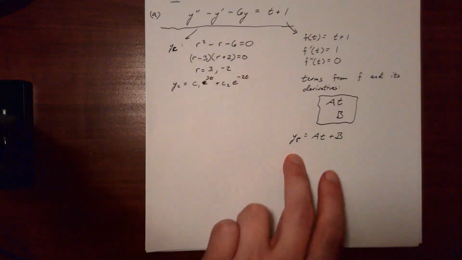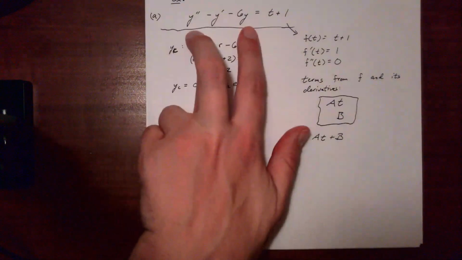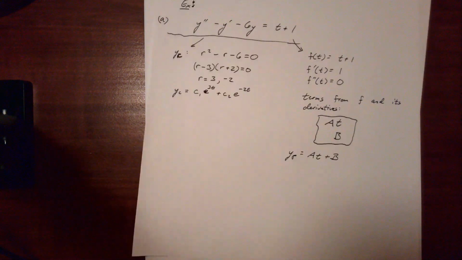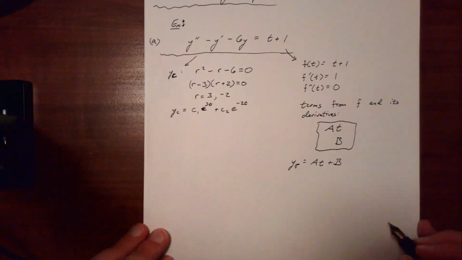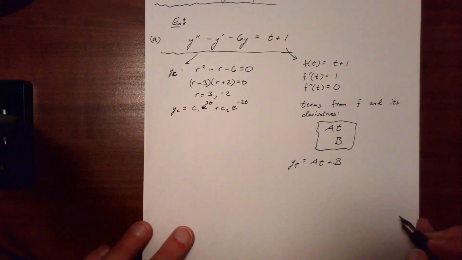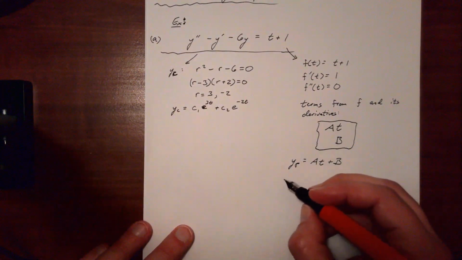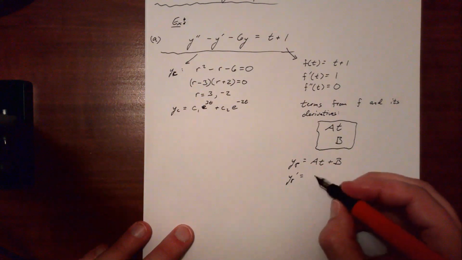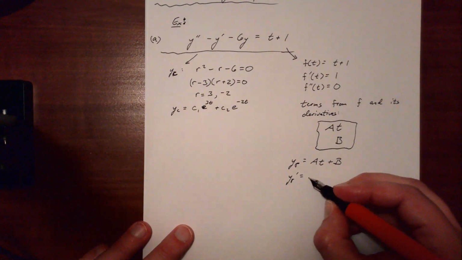But this is supposed to fit this. And in order to make that happen, we just have to figure out what values of a and b are going to be in play here. So then yp, I have to take the derivative of that if I want to plug it into the equation.